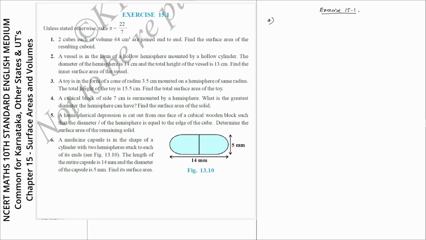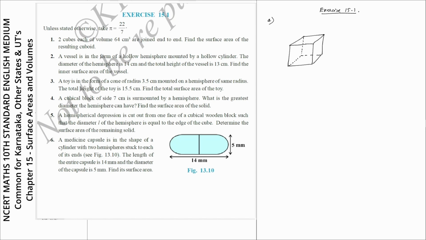So there is a cubical block, okay. So cubical block will be like this. And these are the invisible edges.